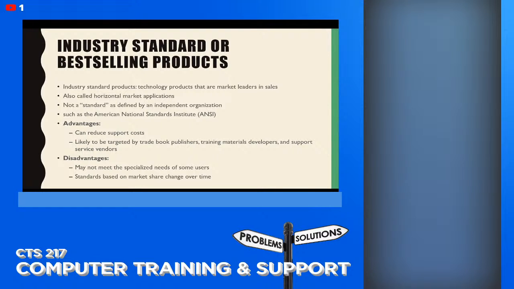Because they're the industry standard, they're what everybody's using. So not only is this information the most valuable for people, but it's also what people are looking for the most. You're not going to see as many about some lower sold product.